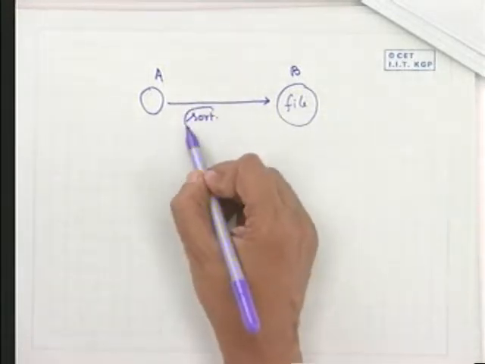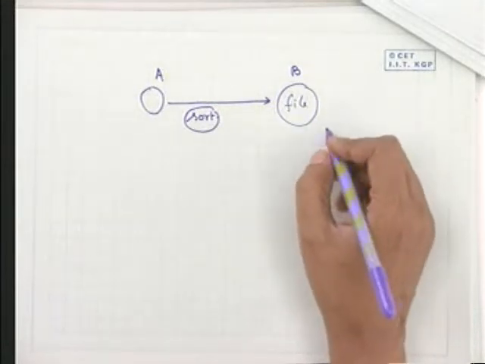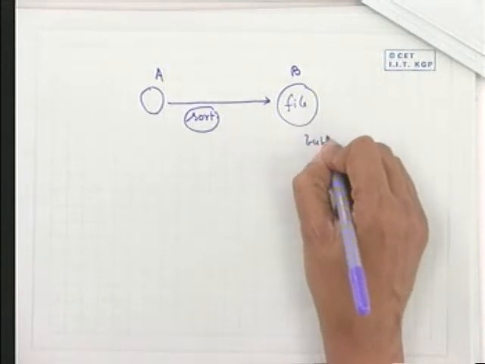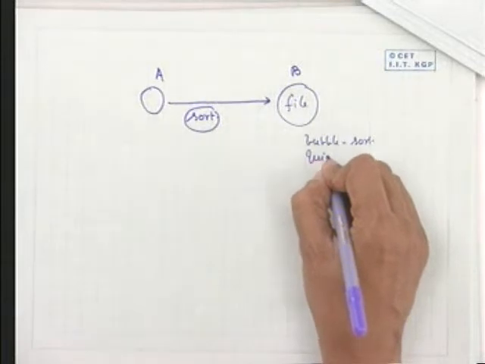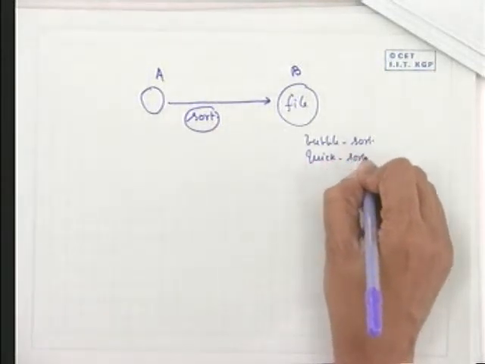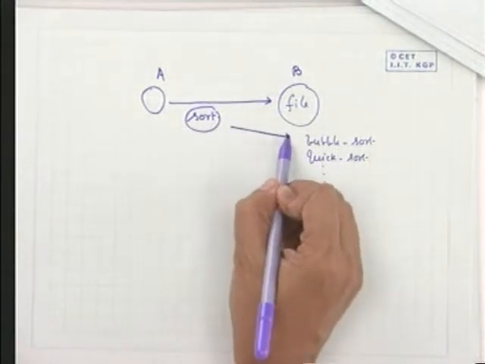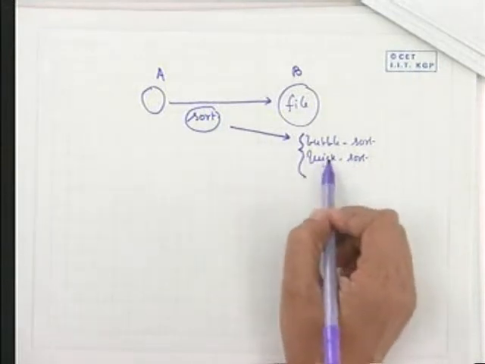For this sort message in the file class, there can be lots of ways the sorting can be done. For instance, one can have a bubble sort routine, a quick sort routine, and so on. Whenever the sort message is sent, we have to resolve which one of these is to be used in this particular instance.